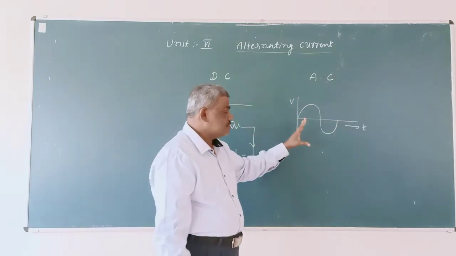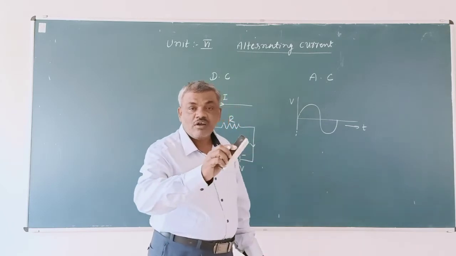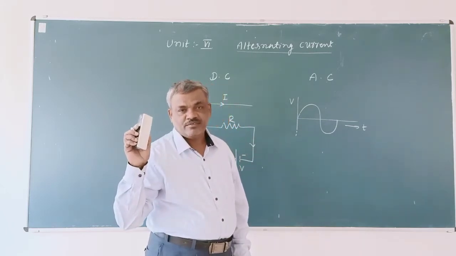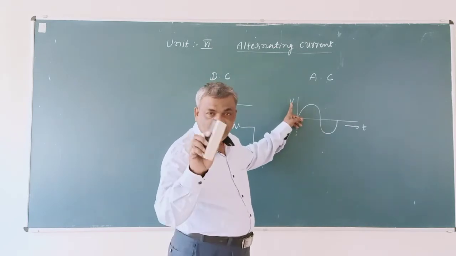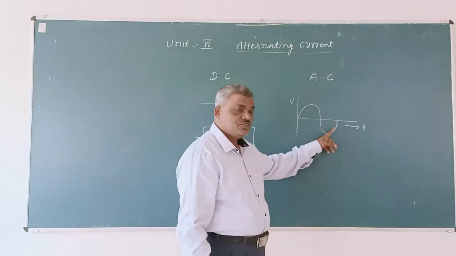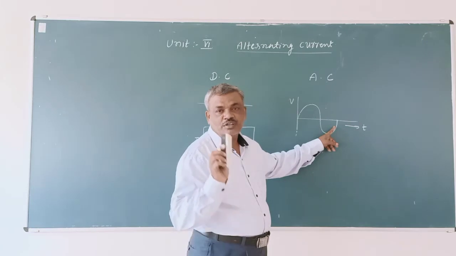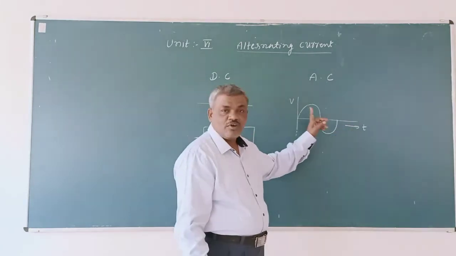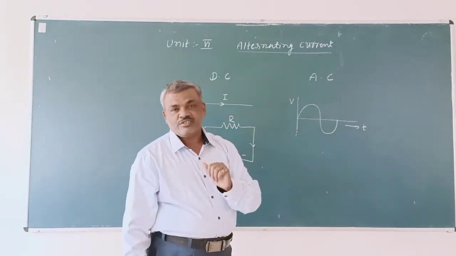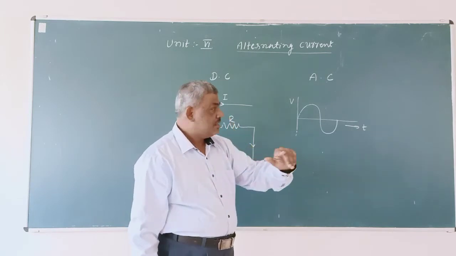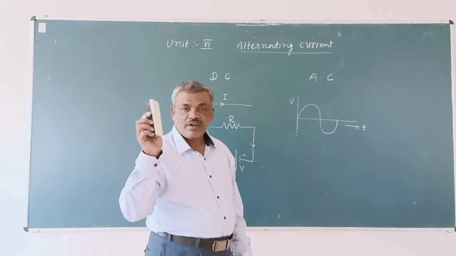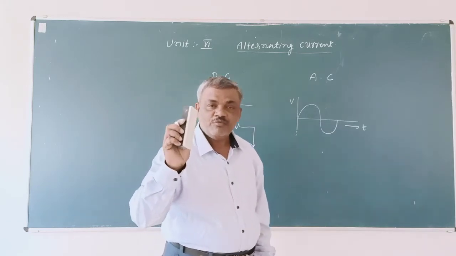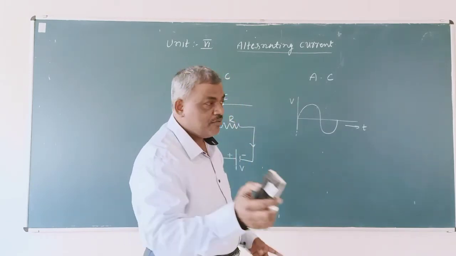The current that passes through the circuit is called alternating current. This is a very important point. The voltage that varies as a sine function with time is called alternating voltage. The current that flows in a circuit is called alternating current, meaning the current which varies periodically with time.